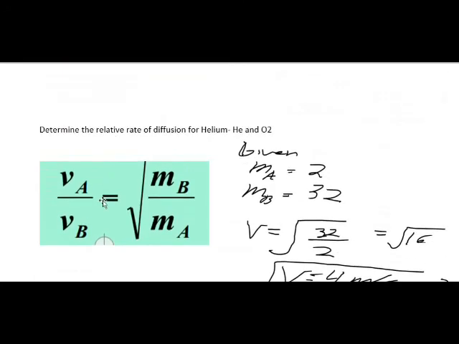So we're going to use this formula again. V1 over V2 is equal to the square root of MB over MA. So how would we solve this?